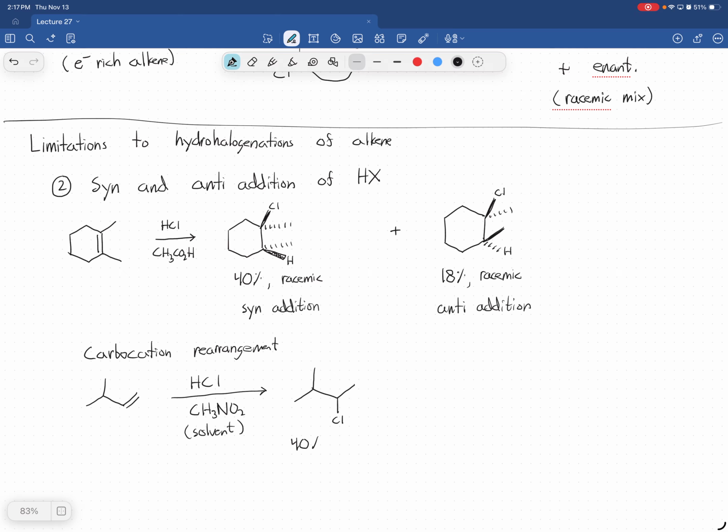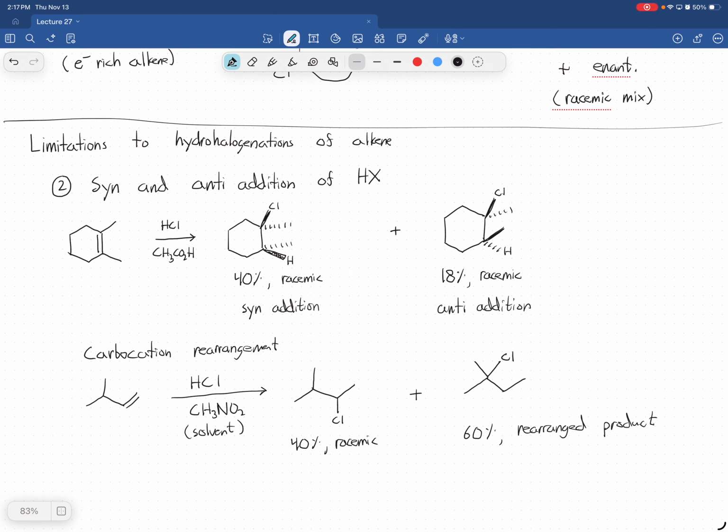So 40% here racemic plus the rearranged product, which looks like this. So it doesn't always go 100% to the rearranged product. But that is the major, so you would just write the major as that one.